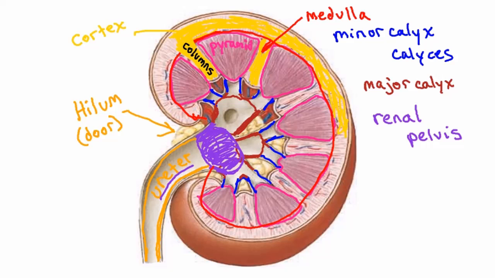And if you take a pyramid, and part of the column on either side of the pyramid, that is called a lobe of the kidney. So the lobe is the pyramid plus half of the column on either side of the pyramid.